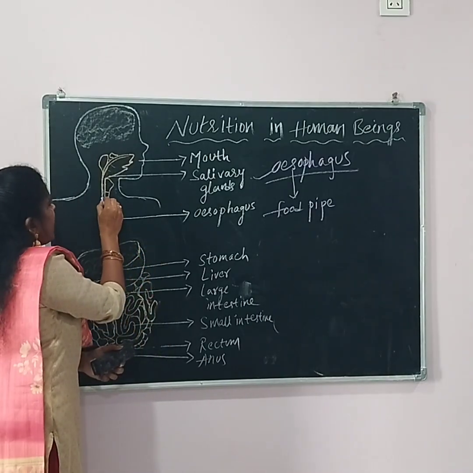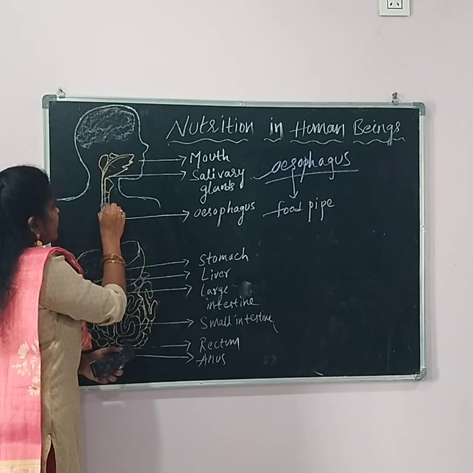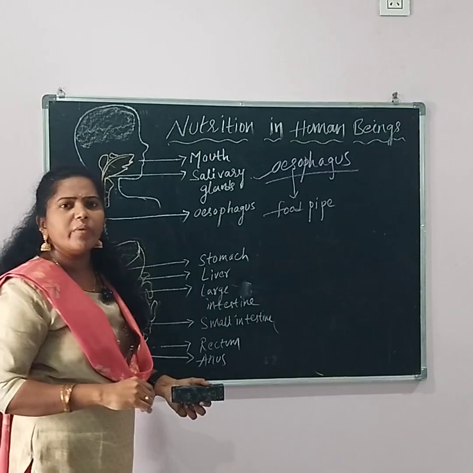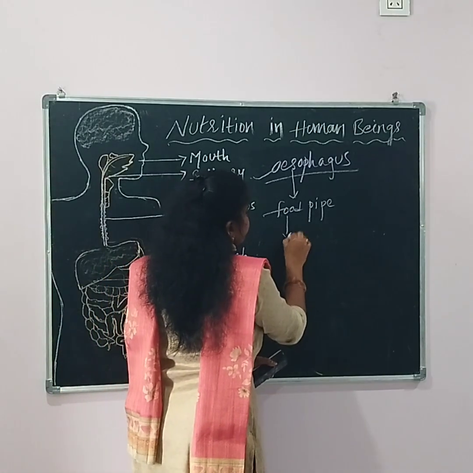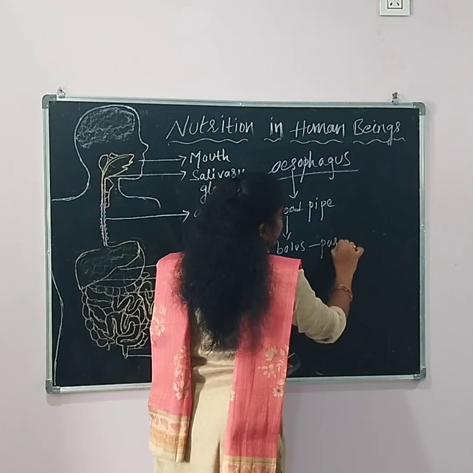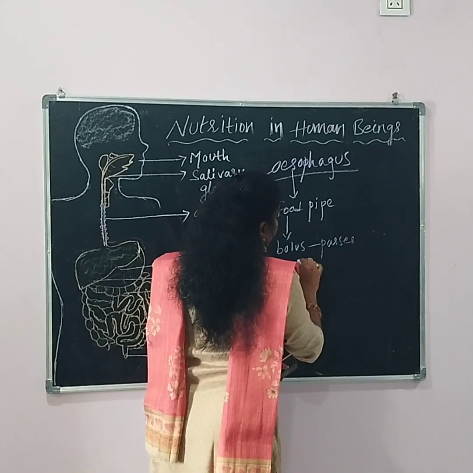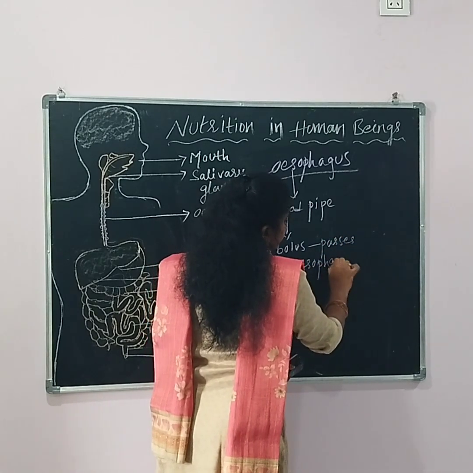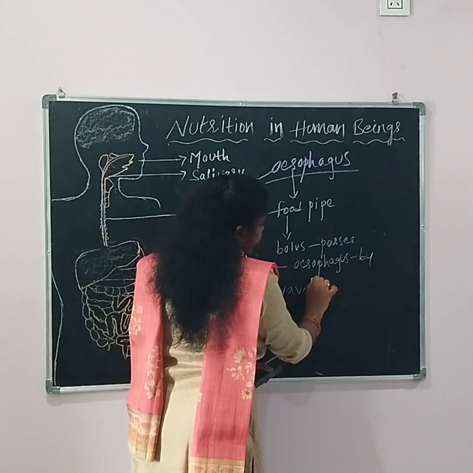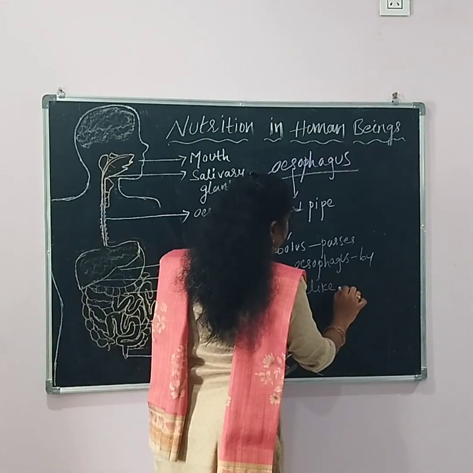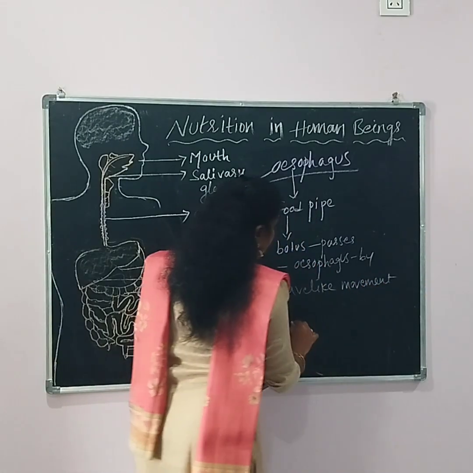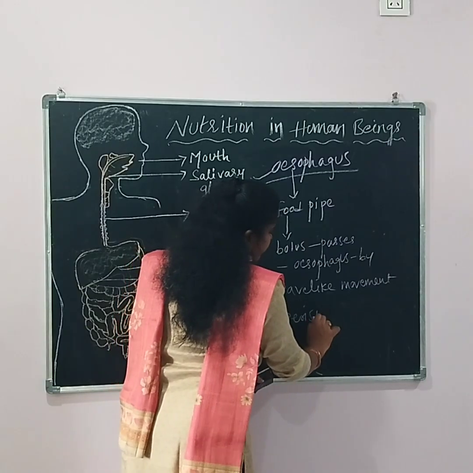The bolus passes through the esophagus by wave-like movement. This wave-like movement is called the peristaltic movement.